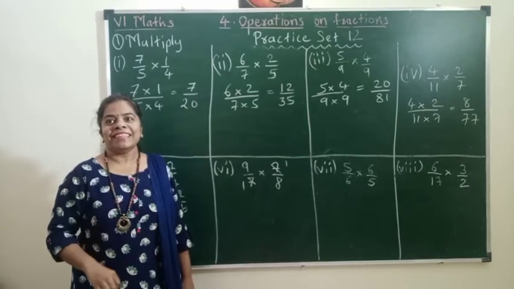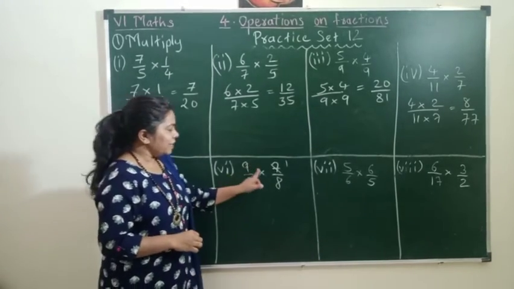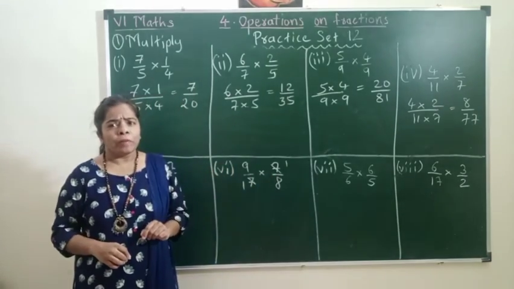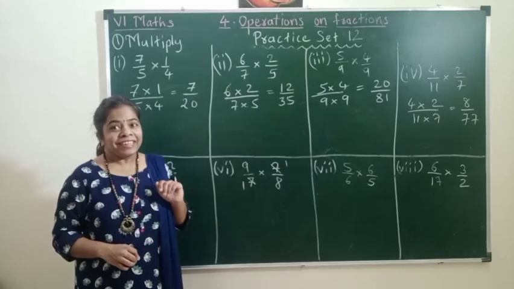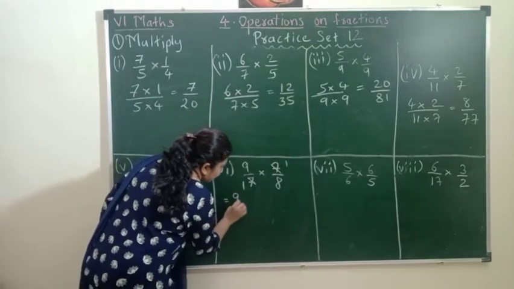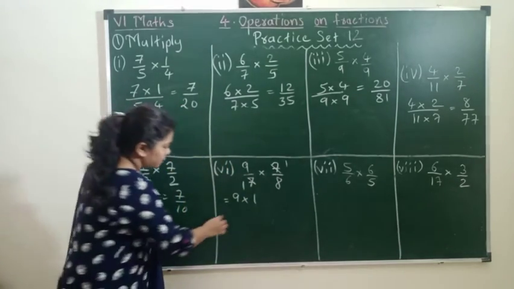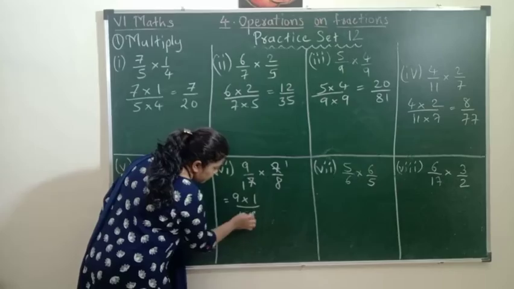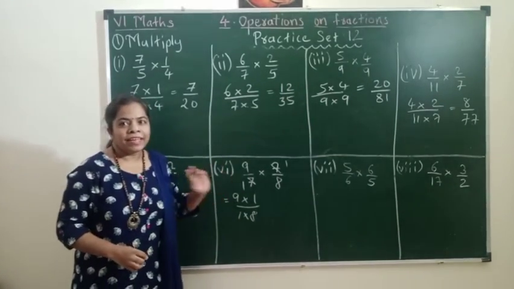We got one cancellation after such a long time. Next, 9 and 8. Are they coming in common table? No. So this much only cancellation. Now let us get our answer. 9 into 1 because 1 is remaining there, and 1 into 8. 9 1s are 9, 1 8s are 8.